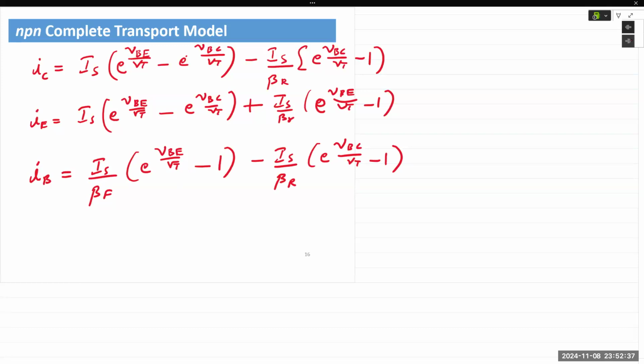So these combine both the forward and the reverse, and we have the equations describing the complete transport model for a BJT.